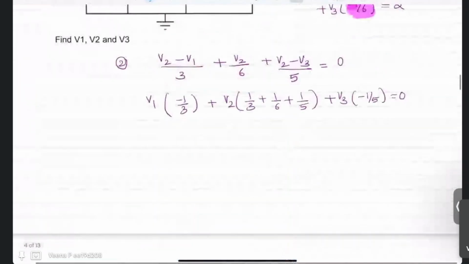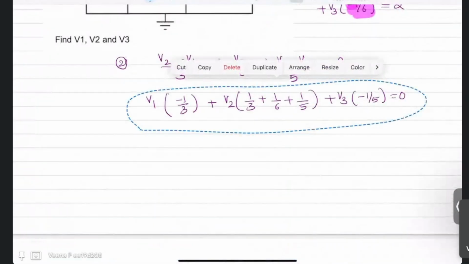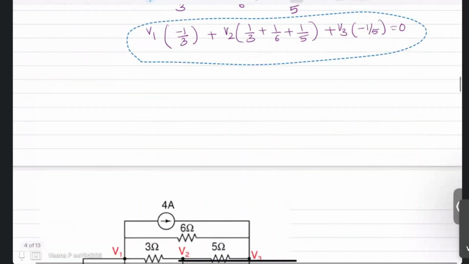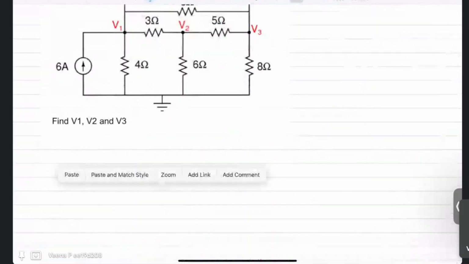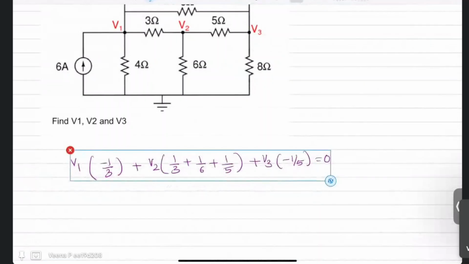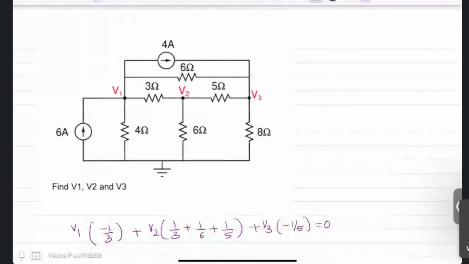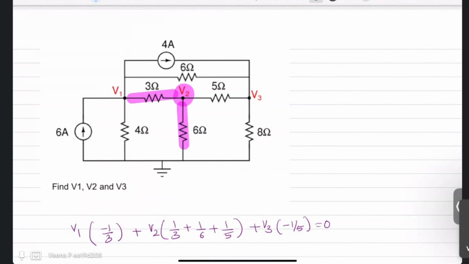If you take node 2 and the equation of node 2, you can see the coefficient of the main node V2 will be the sum of admittances connected to node 2, which is 1 by 3 plus 1 by 6 plus 1 by 5.